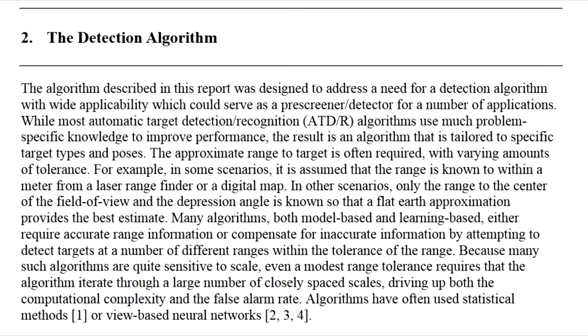In other scenarios, only the range to the center of the field of view and the depression angle is known, so that a flat Earth approximation provides the best estimate." Nowhere in the document do they even consider a spherical Earth approximation. If Earth is really a globe, why would a flat Earth provide them with their "best estimate"? And why would they not even consider comparing and contrasting Earth curvature in their calculations?